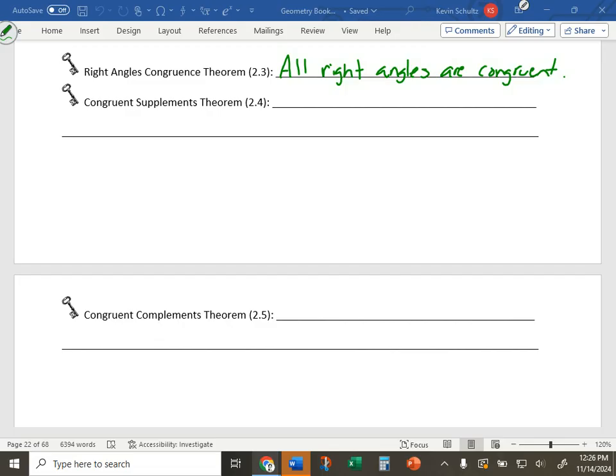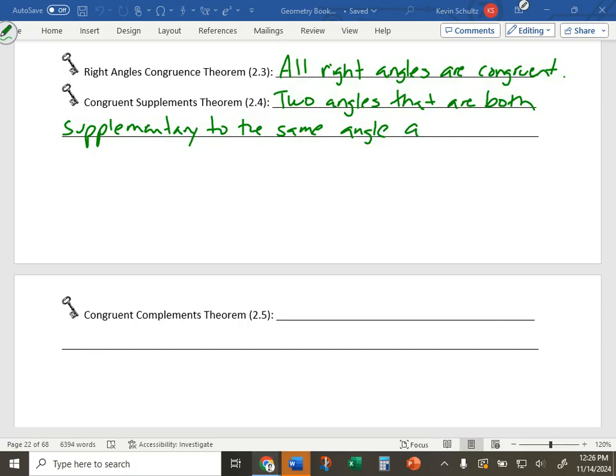The congruent supplements theorem states that two angles that are both supplementary to the same angle are congruent. And I'll draw you a nice little picture to help with this one.